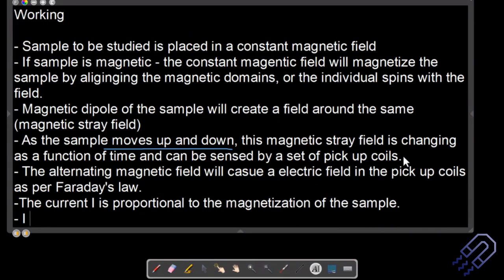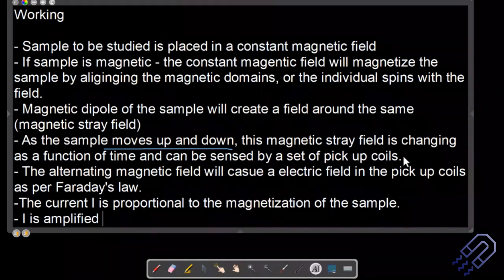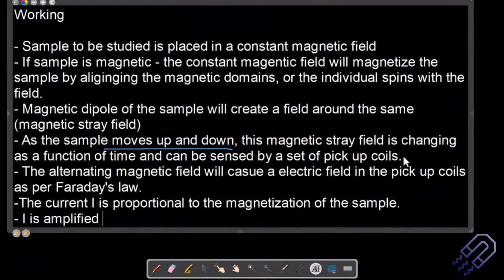So in general, any kind of device which has got a small signal can still be used to understand the sample by amplifying it. So whatever we are studying in electronics, where we are using amplifiers, such circuits are actually used in these kinds of equipment to amplify that signal and see that yes, there is information which can be extracted from the sample. So this current, even if small, is amplified.